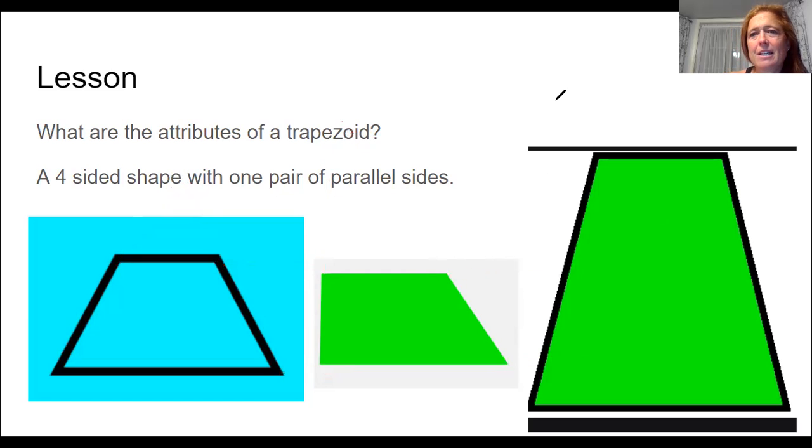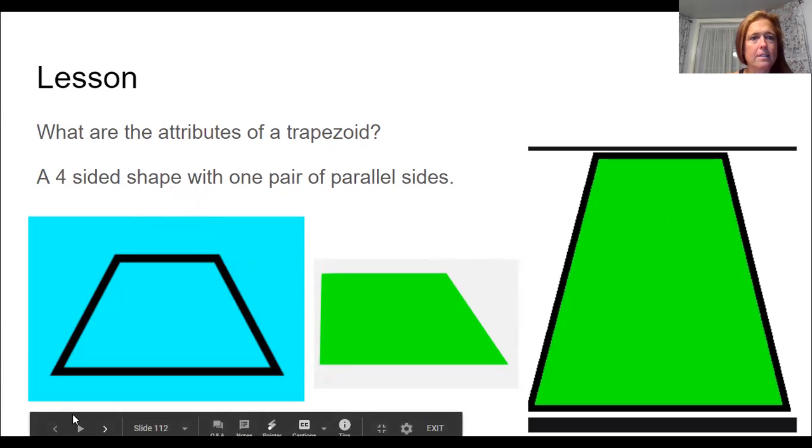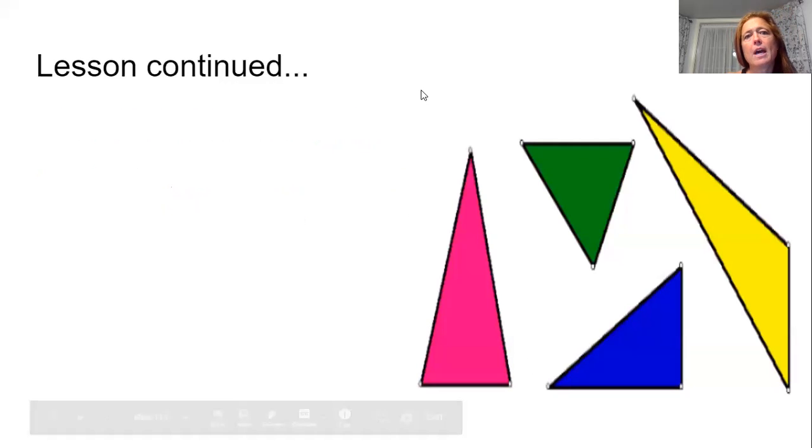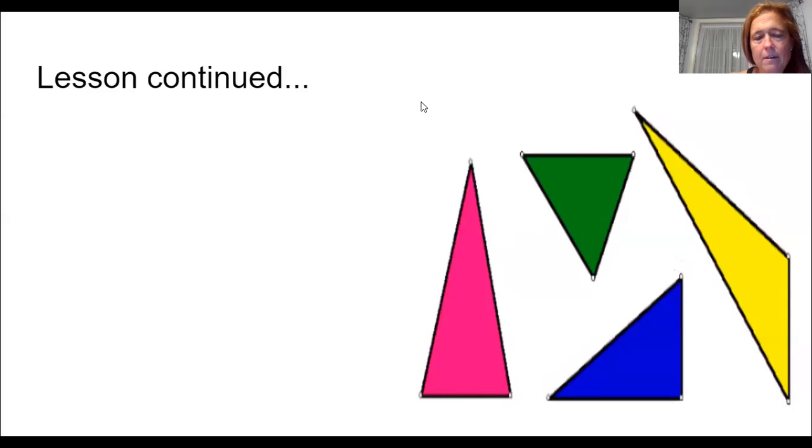All right. The next shape I wanted to take a look at is a triangle. Ms. Fogelman's slideshow has disrupted here, but I will go ahead and talk with you about the attributes of a triangle.